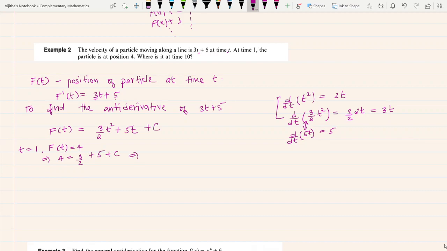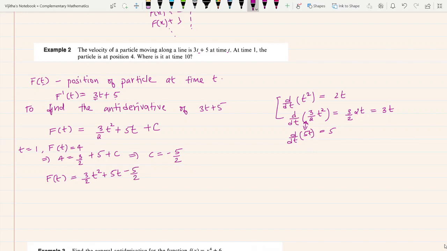If you simplify, you will get c equal to minus 5 by 2. So substituting the value of c, we get F of t equal to 3 by 2 t square plus 5t minus 5 by 2.